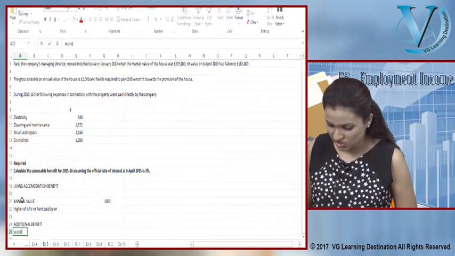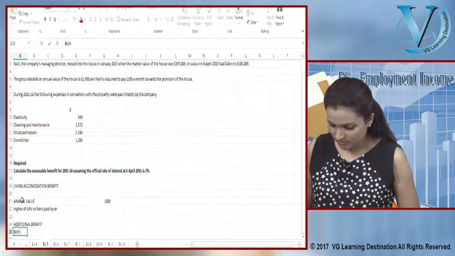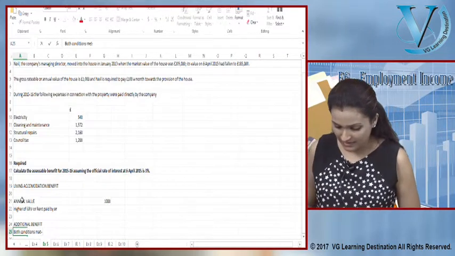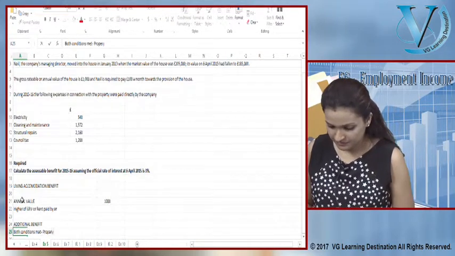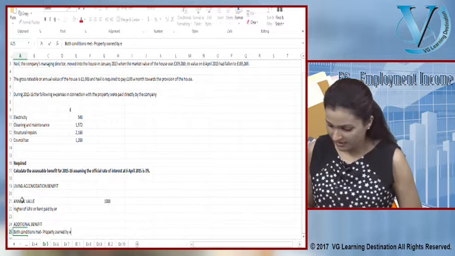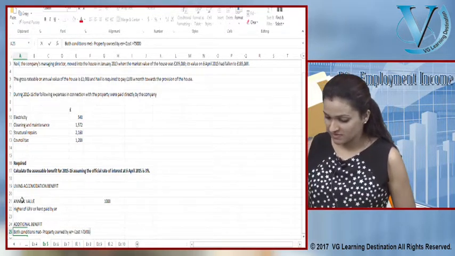Why? Because both conditions are met, which are what? That the property is owned by the employer plus the cost is greater than 75,000 pounds.